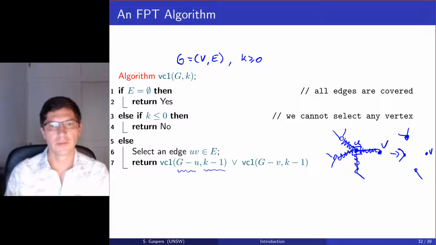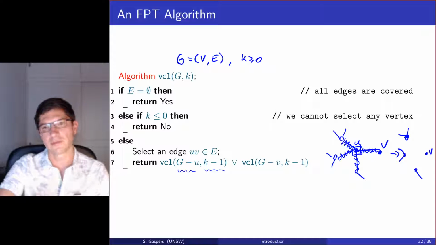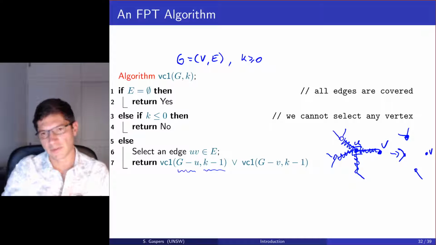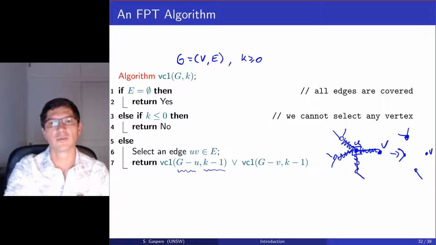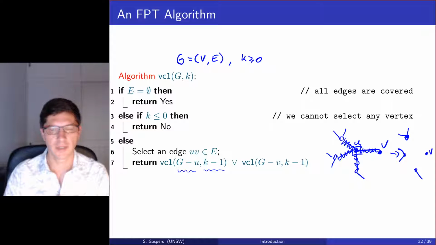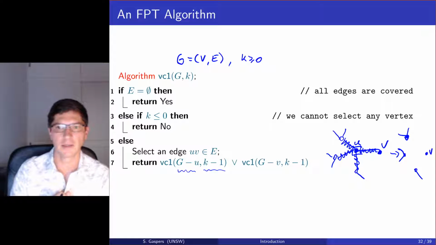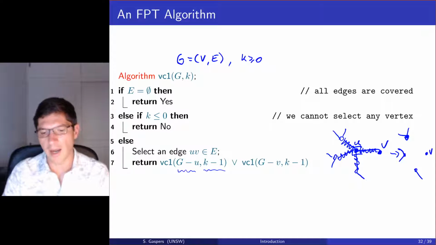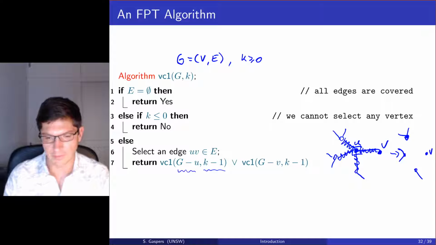If either of these two returns yes, then we return yes. So if there's a vertex cover of size k that contains u, it means there's a vertex cover of size k minus 1 of G minus u, then we return yes. And also if there's a vertex cover of size k that contains v, then we also return yes. If either of those returns yes, then we return yes. Otherwise, we return no.